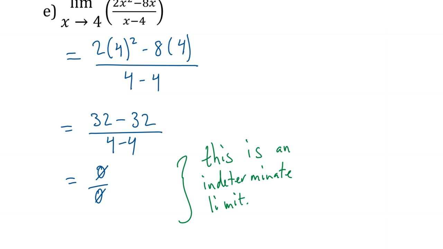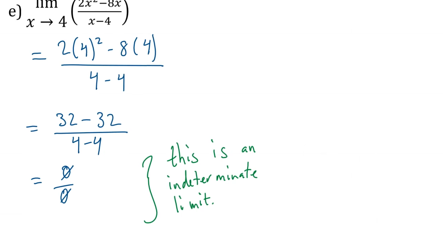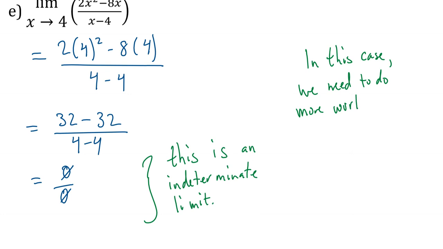And if it exists, then that means the limit is equal to some value. And so we have to do more work to determine if the limit exists and what it is. Okay? So I'm just going to write that down. In this case, we need to do more work to figure out what's going on.